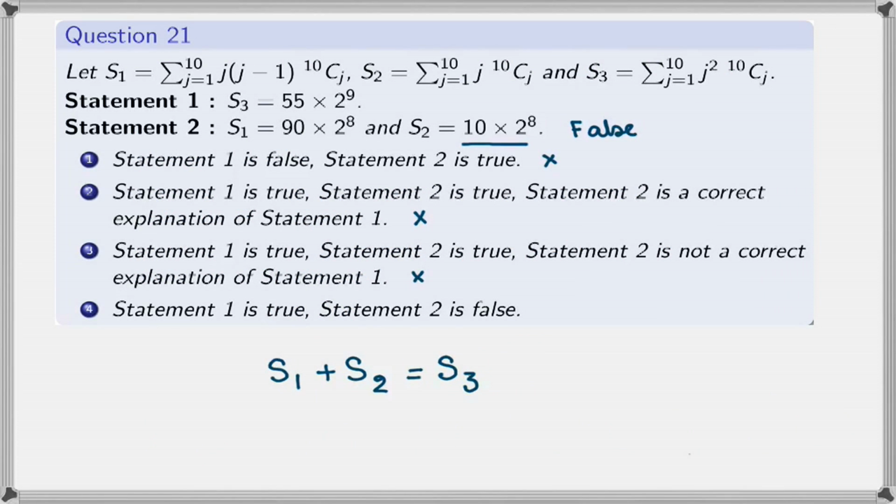So the value of S1 and the value of S3 given here are correct, and therefore statement 1 is true and statement 2 is false. I end this session here. With this, we conclude the problem solving session on binomial expansions.